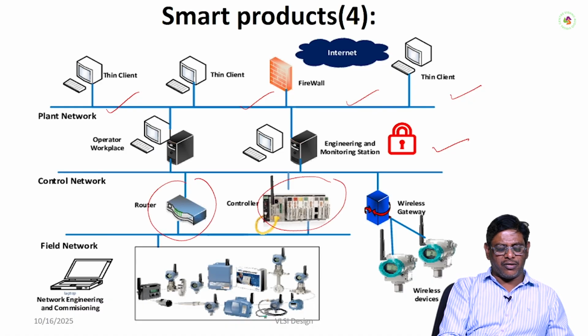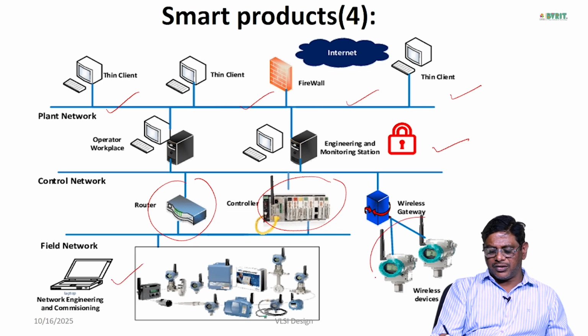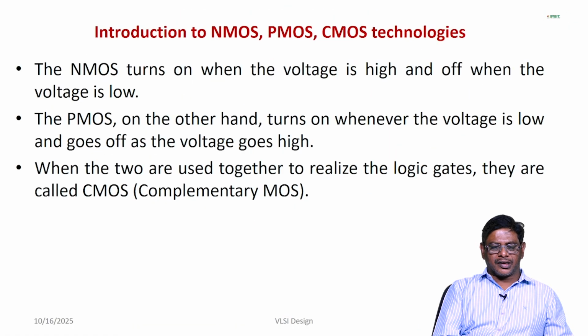This can have a number of networks connected with wireless sensor devices. And behind all these components we have integrated circuits, which simplify our work as well as produce the outcome effectively.